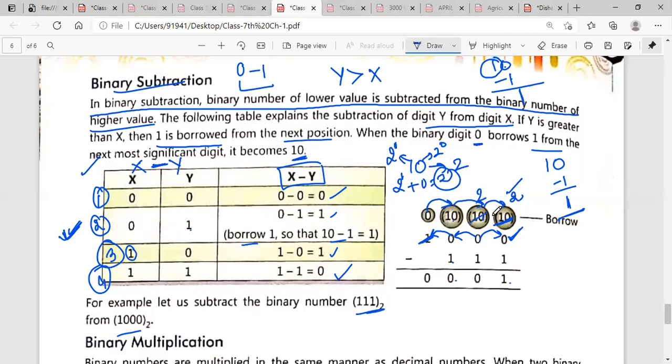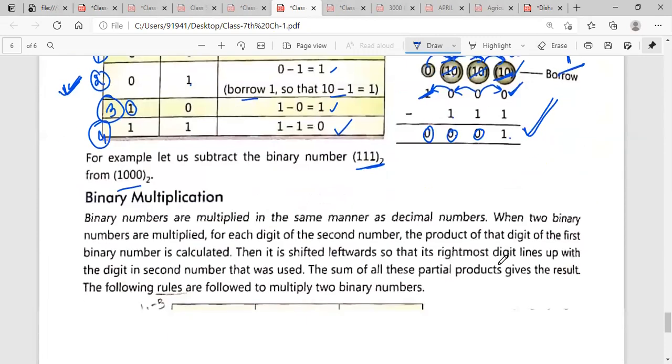But this one takes a borrow from this, so it will remain 1, and it will take a borrow from this, so here only 1 remains. 1 minus 1 is 0, and 1 minus 1 is 0, and only 0 is left. You can do this subtraction like this in a very easy way.